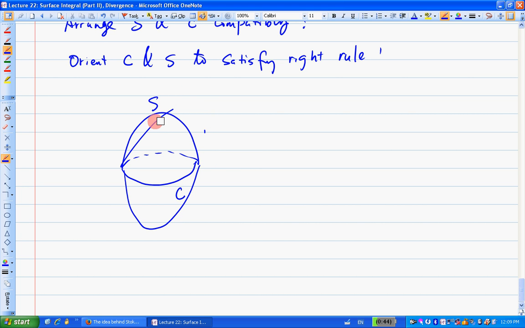Now let's come back to the orientation. When we talk about the orientation of C, it must be clockwise or counterclockwise. And the orientation of S means the n-hat direction. That's basically the orientation for the two things here.